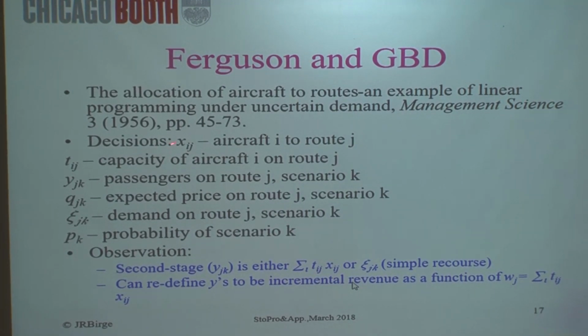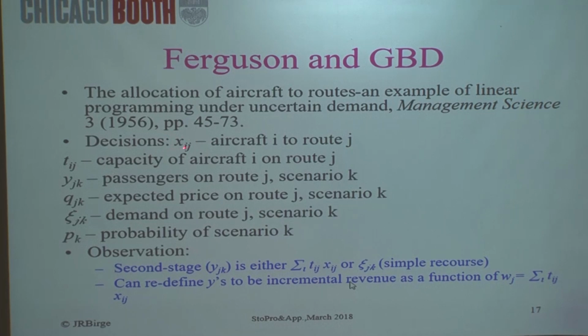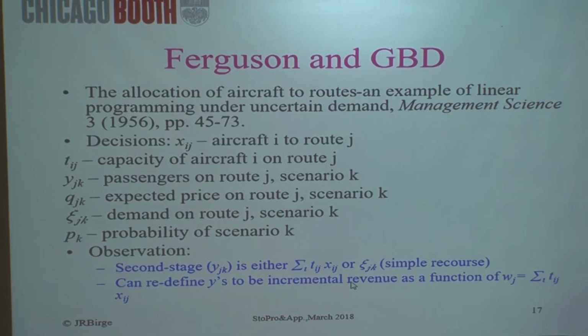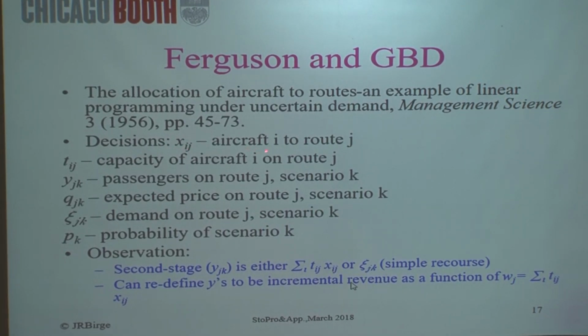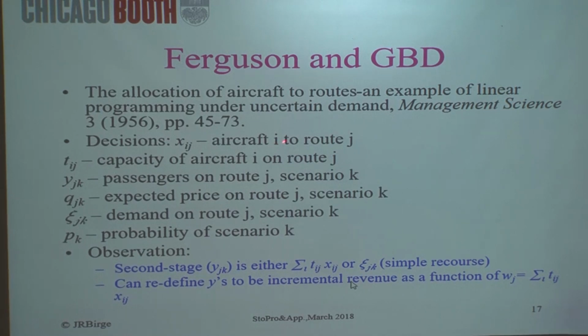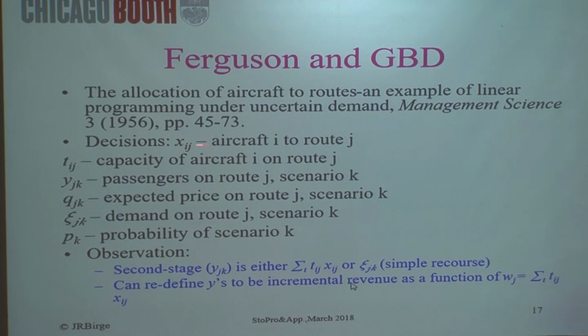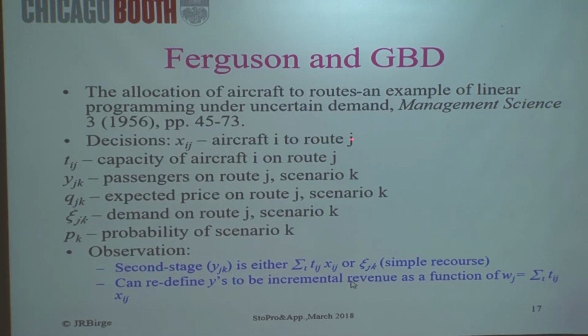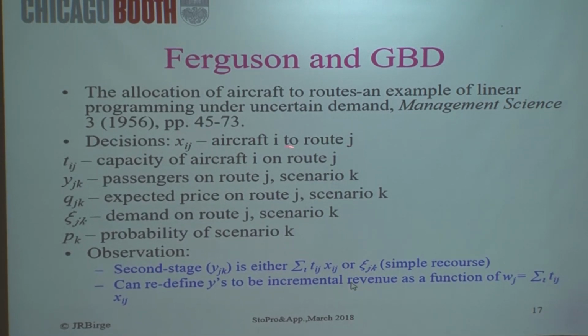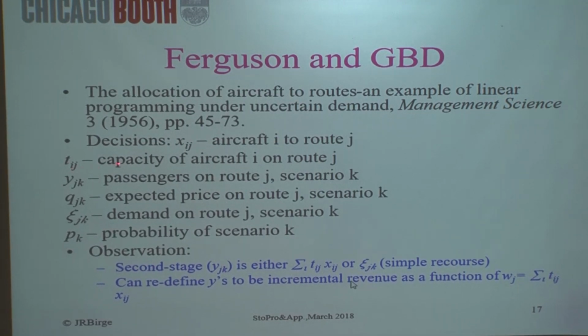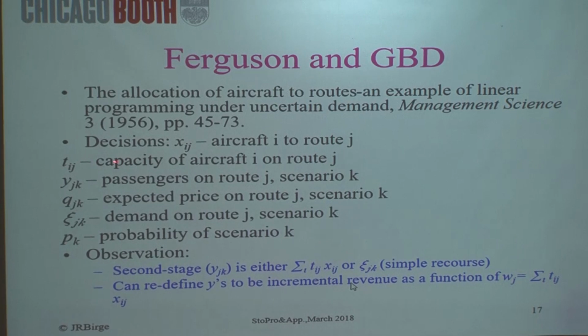So the decisions in this model are how many aircraft. So this is the X. This is the decision you make now. How many aircraft of type I are assigned? It's the number of aircraft of type I assigned to route I, or route J. And then you'll have a certain capacity.